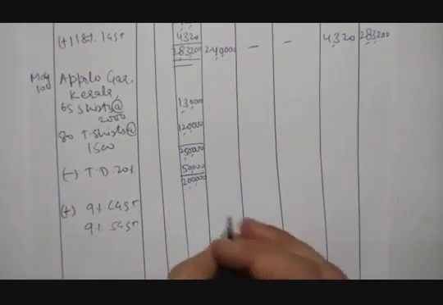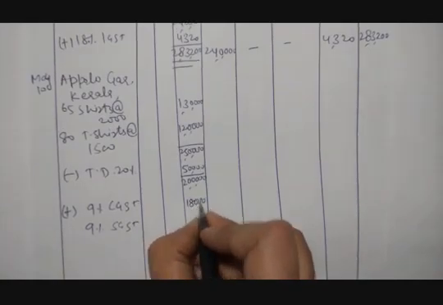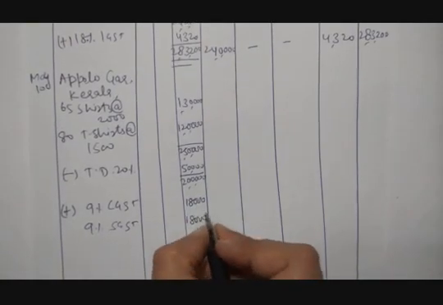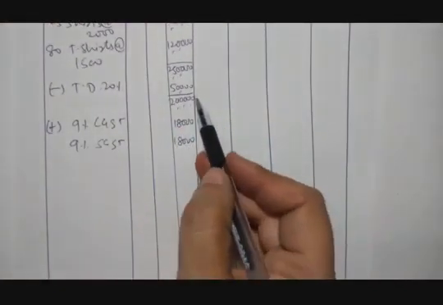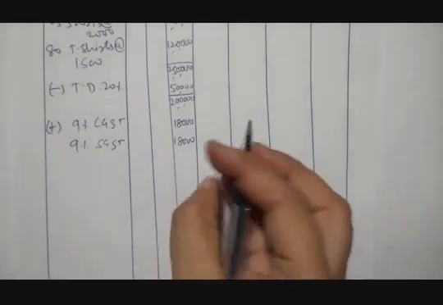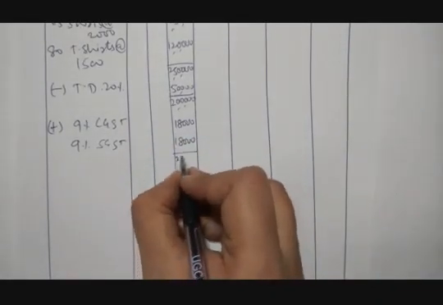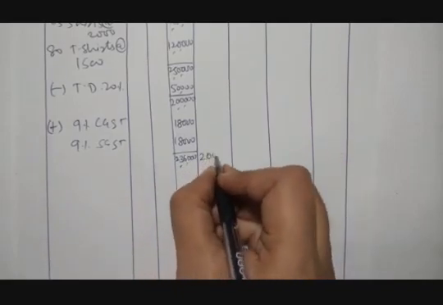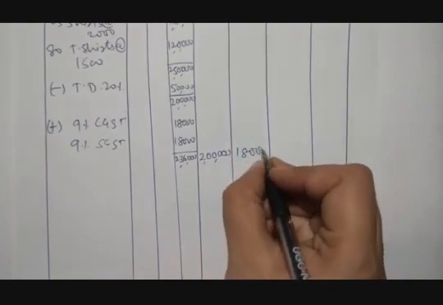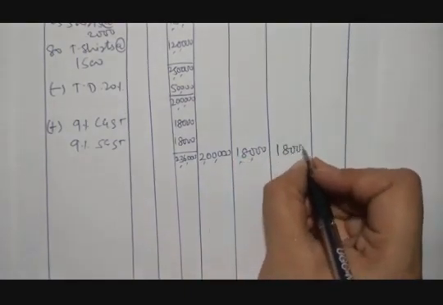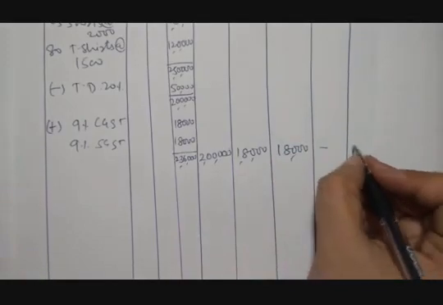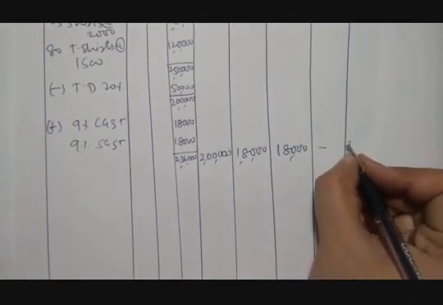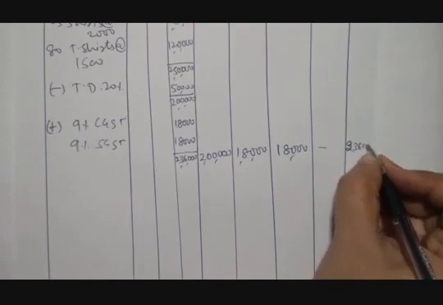Fine. 18,000, 18,000. Now let me know the total of it. That will be 2,36,000. Fine. The amount we will write as 2 lakh here. Here we will write 18,000. Here also we will write 18,000. But IGST no. And here under the total column 2,36,000. Fine beta.